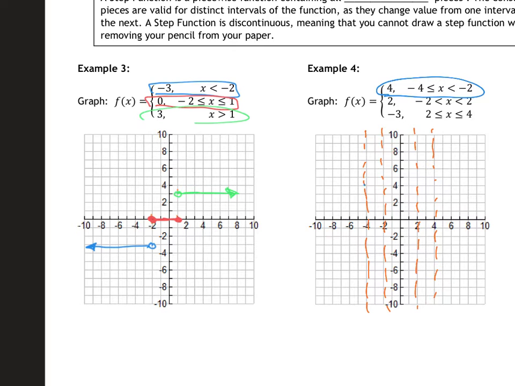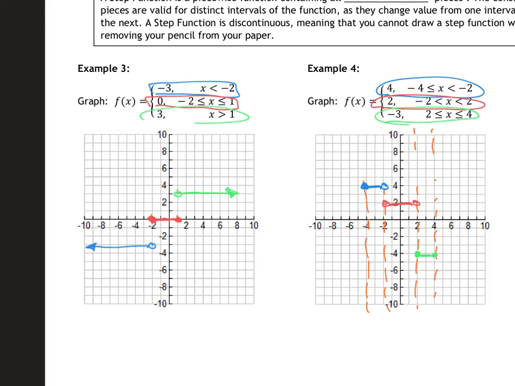So I come up here, -4 is closed, -2 is open, and I draw the line. They're both open here between -2 and 2, so they're both open. And then my last one, -3, they're both closed here from 2 to 4 at -3.